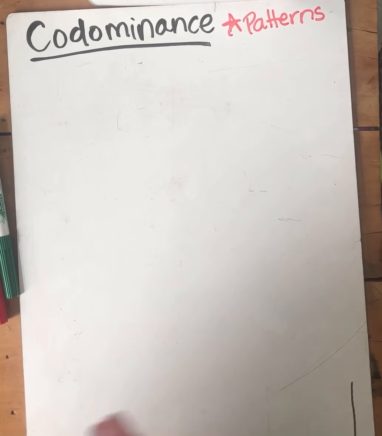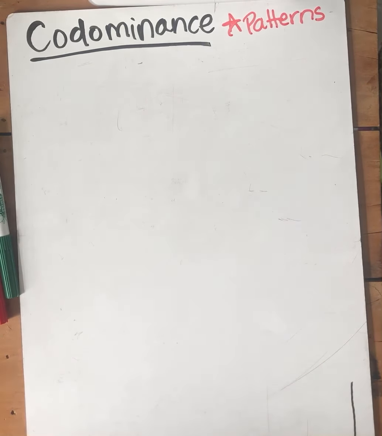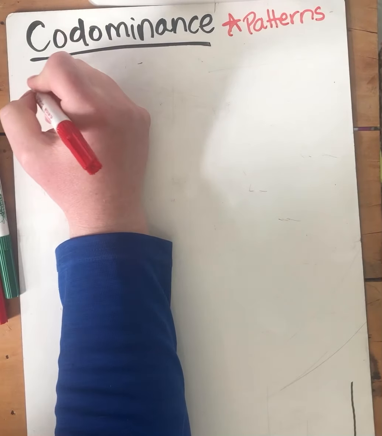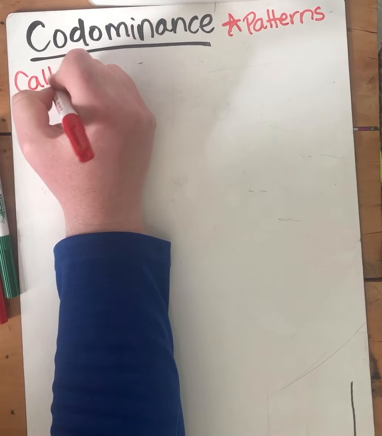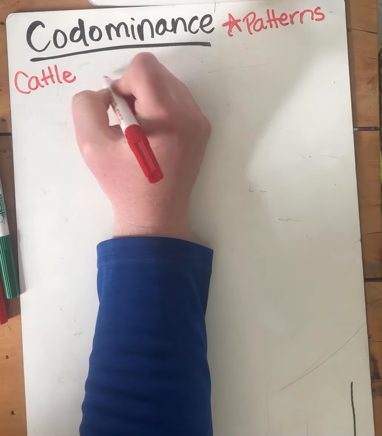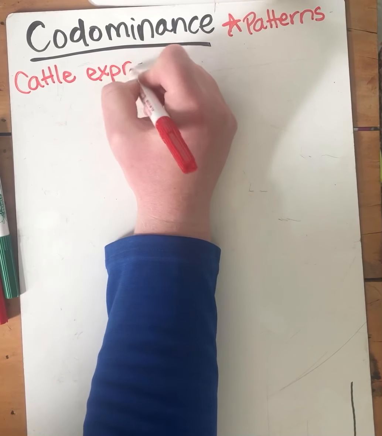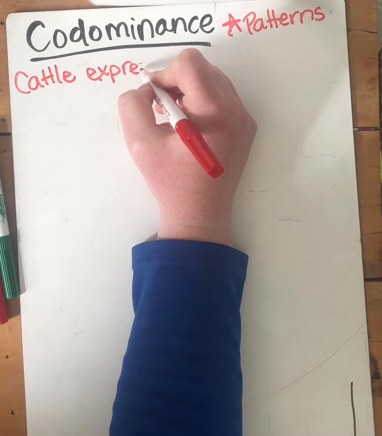So, one example, or a lot of times, one of the examples that you'll see here is going to be called roan. And so in cattle, express a genotype which is going to be, or are going to express codominance.